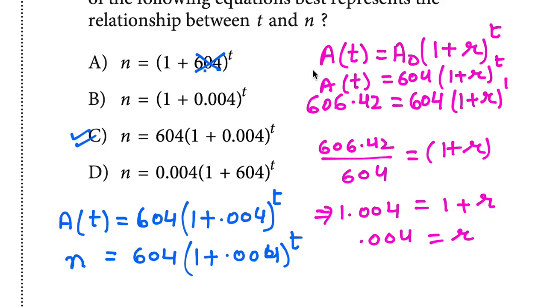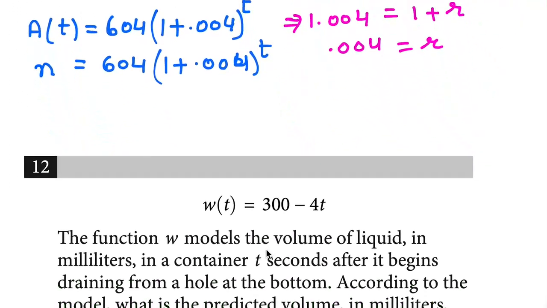Can you see how much time we are going to save by avoiding these calculations? Because 604 as initial amount is only in option C. So no need to do all these things. But even then I did that just to show you, if needed, how to calculate that. I think this is magical.